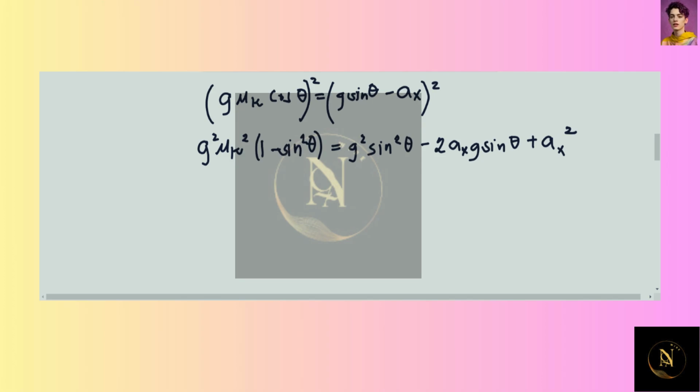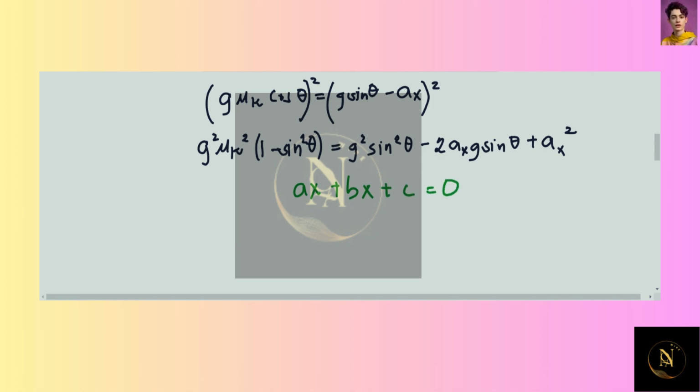Next, we have to express this equation in quadratic form, which is in this form ax squared plus bx plus c equals 0.